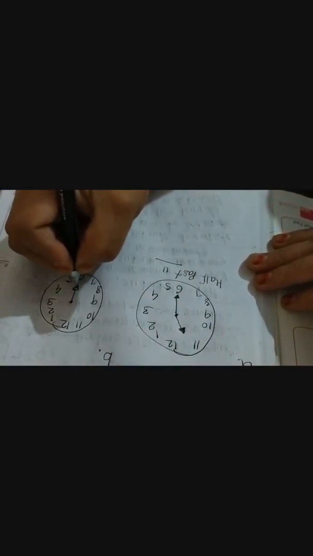Then the minute hand is on 6. The hour hand is between 12 and 1. Okay. So that time is half past 12. Half past 12.